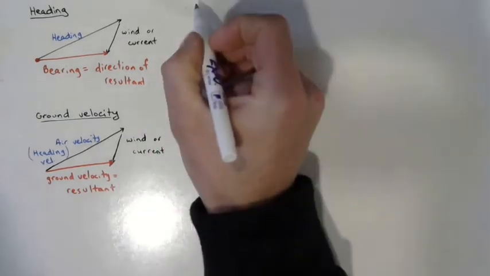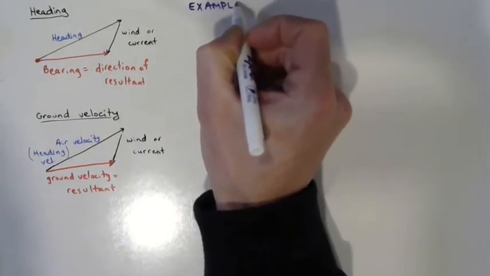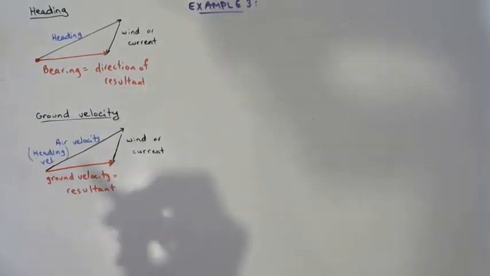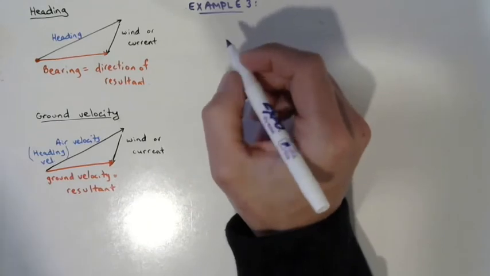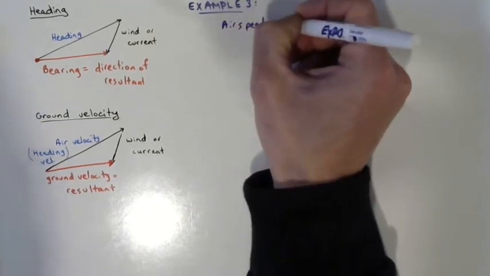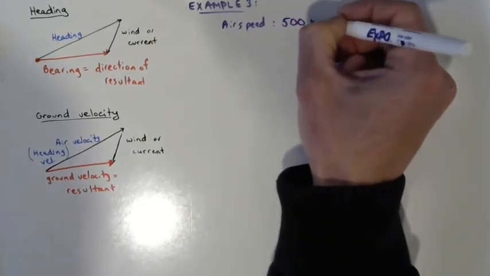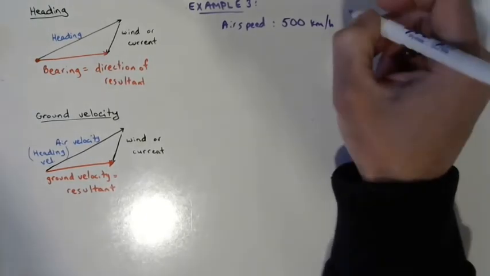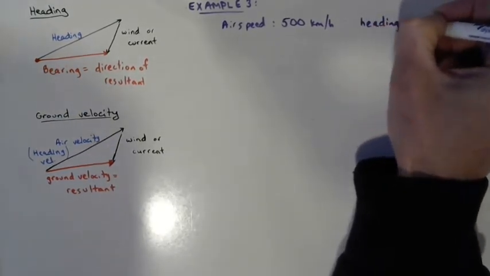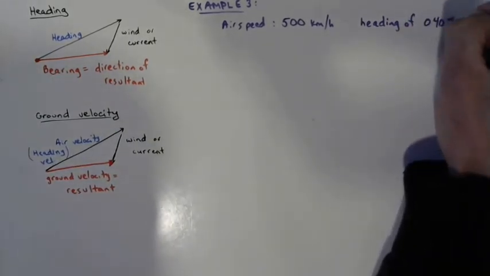Example 3. It's a flight problem. We have an airplane flying at an airspeed of 500 kilometers per hour on a heading of 40 degrees.